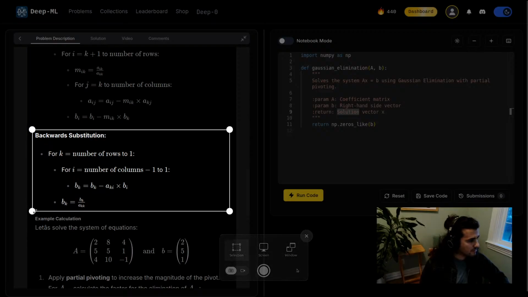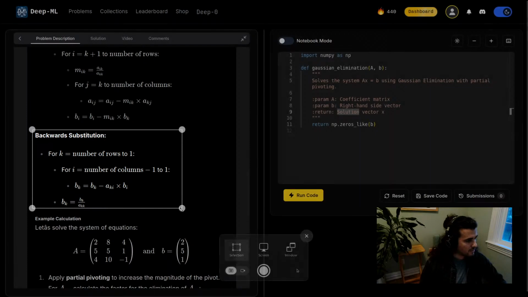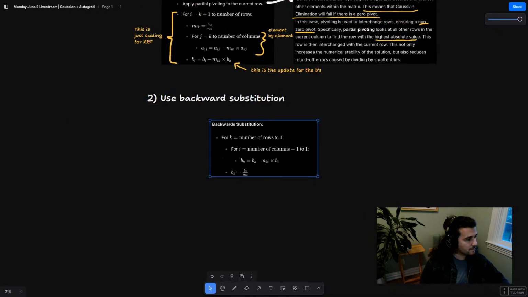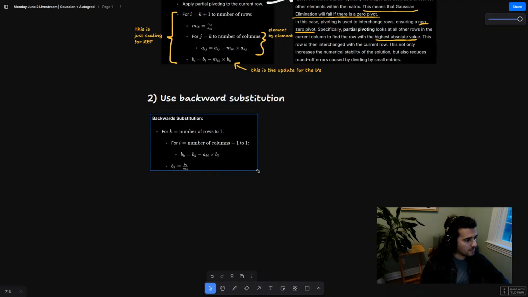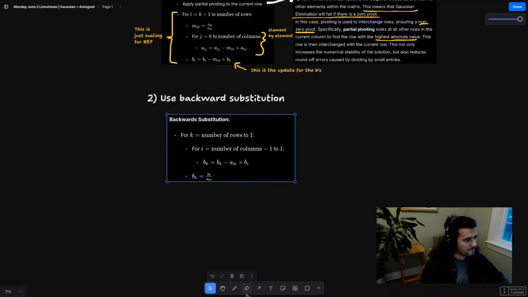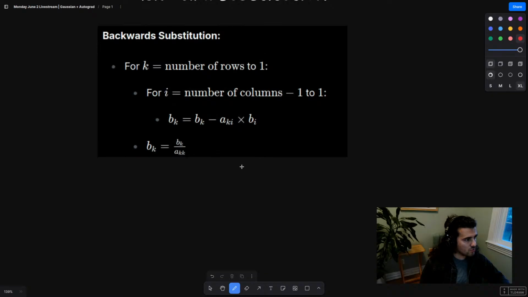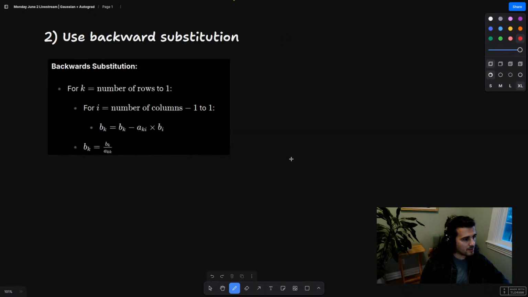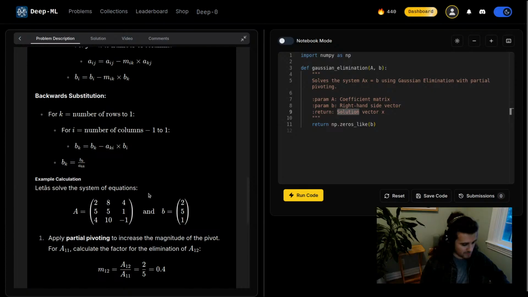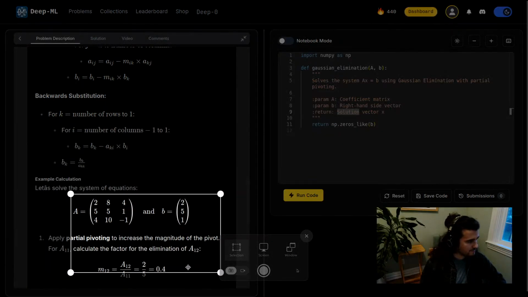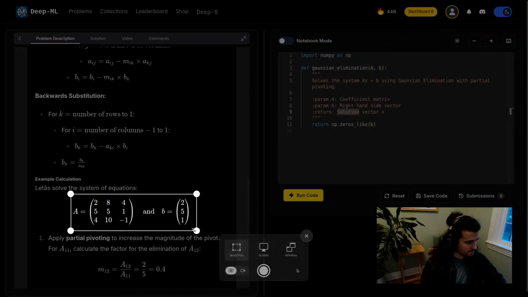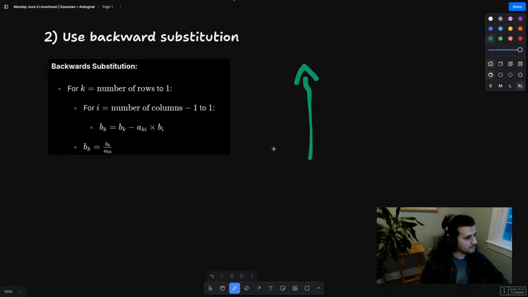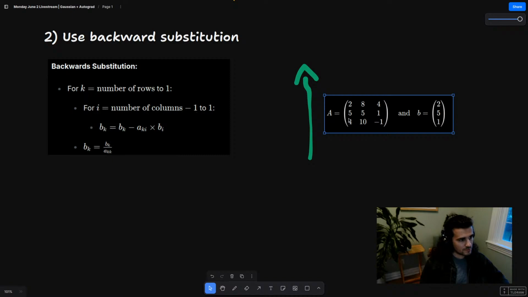So for k from number of rows to 1, we're going this way.